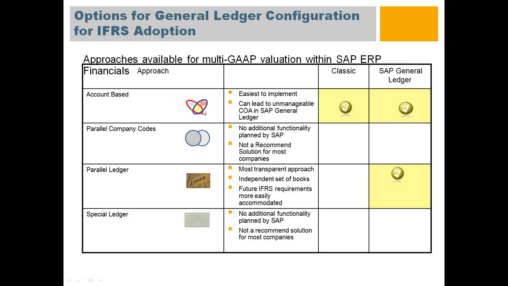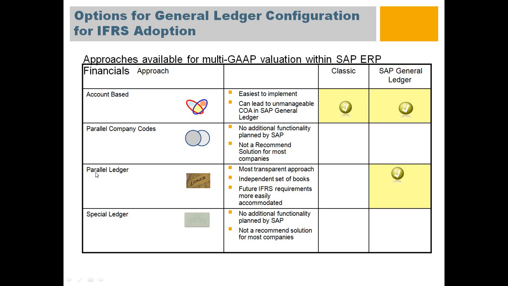Previously, we only used account-based, meaning we would create different GL accounts for different accounting principles. Easiest to implement, but can lead to an unmanageable set of accounts. It works both in the classic ledger and in the SAP ledger.